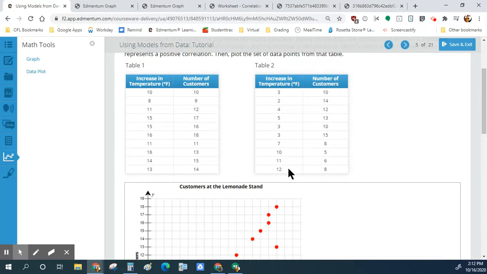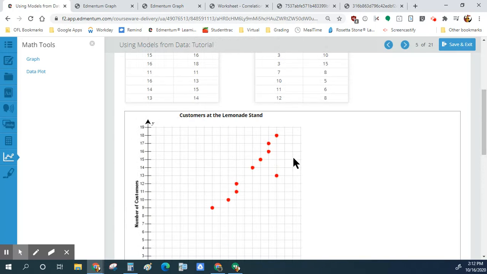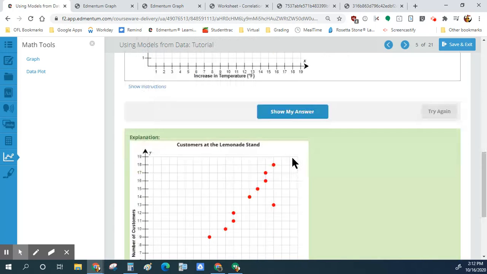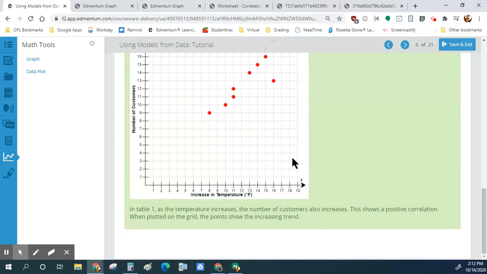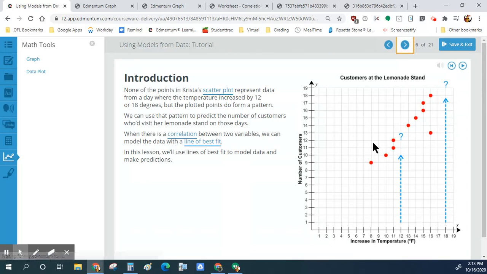Looks exactly the same to me. So this is Edmentum being at its Edmentumus. If you guys see why it's not correct, let me know in the comments below. I did not see why that was wrong.